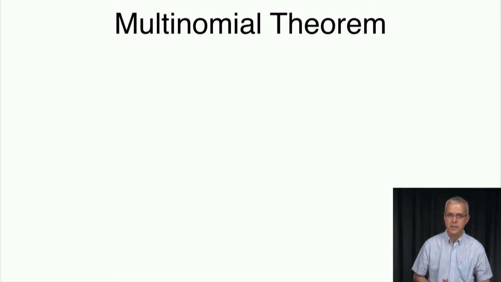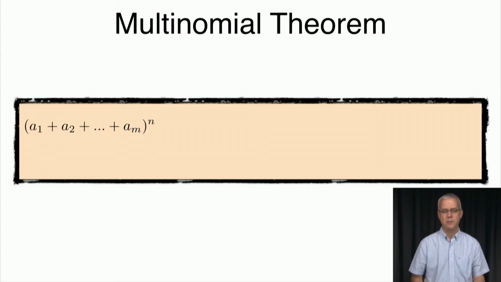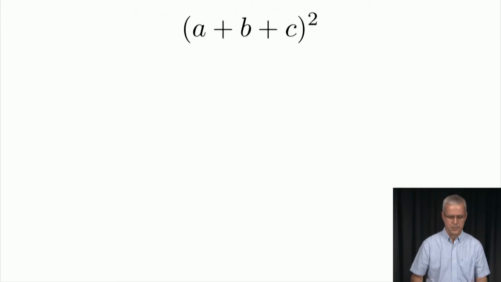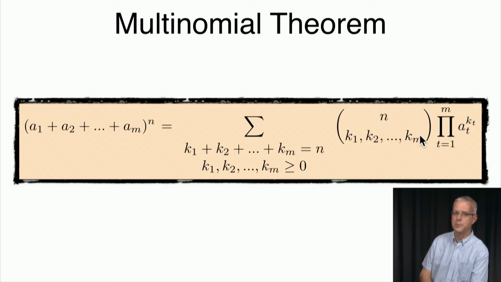Now, this leads us in a natural way to the multinomial theorem, which generalizes the binomial theorem, as we are going to see very soon. So the multinomial theorem says that if you take, instead of 2 terms, a plus b, raised to the n, m terms, a1 plus a2 plus up to am, to the n, that's going to be equal to the summation of terms of the following form, the product of ai to the ki, and the coefficient in front is going to be the multinomial coefficient, n choose k1, k2 up to km.